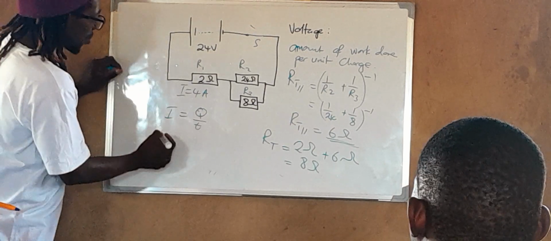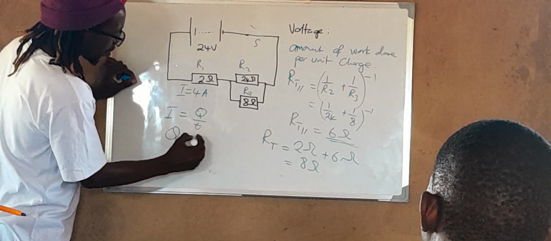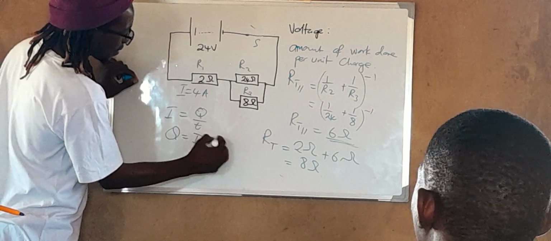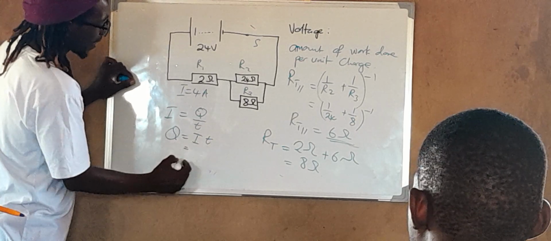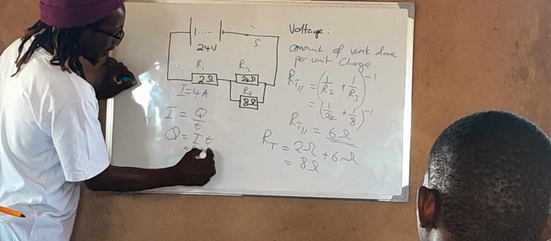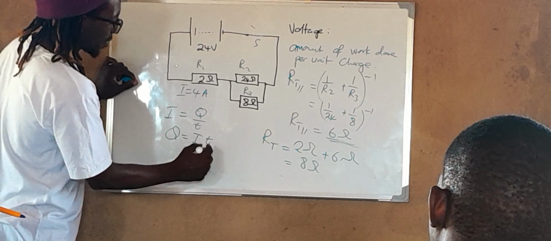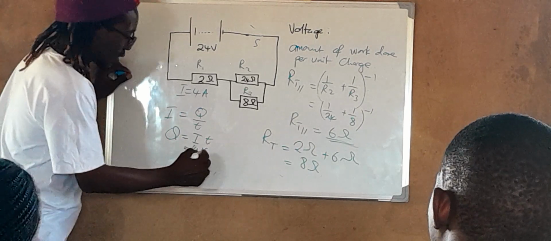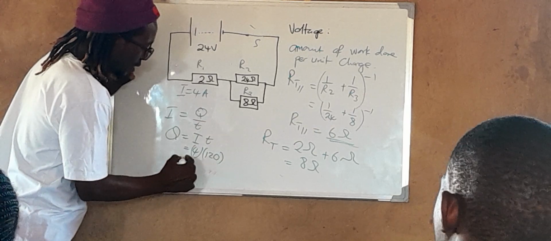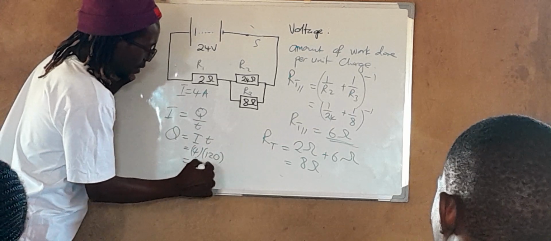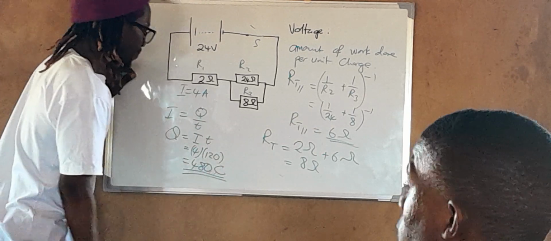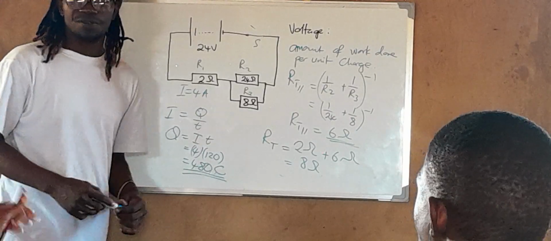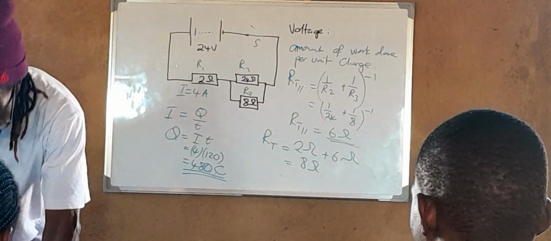So again, it means that our charge will be equal to current multiplied by time. So what is our current? 4, right? Time, which is 2 minutes, is 120 seconds, right? So 4 multiplied by 120 gives us 480. That is the amount of charge passing there, right?